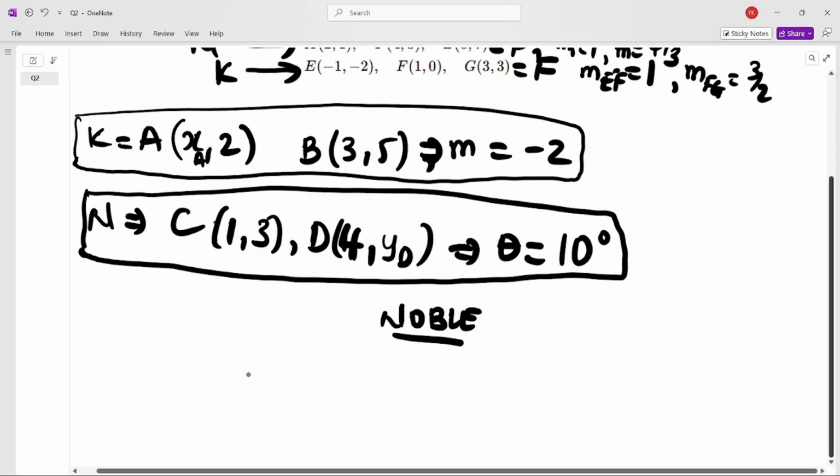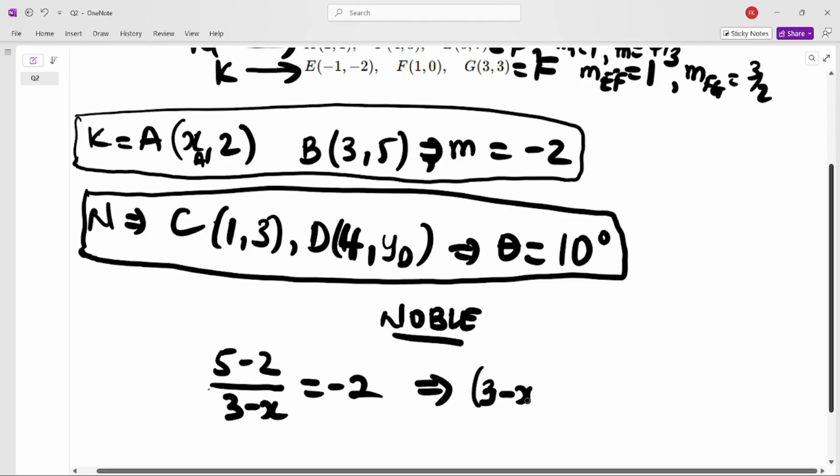Okay, so it's going to be 5 minus 2 all over 3 minus x is equal to negative 2. And then we cross multiply. I wrote bracket open 3 minus x, bracket close, bracket open 2, bracket close, is equal to 5 minus 2.